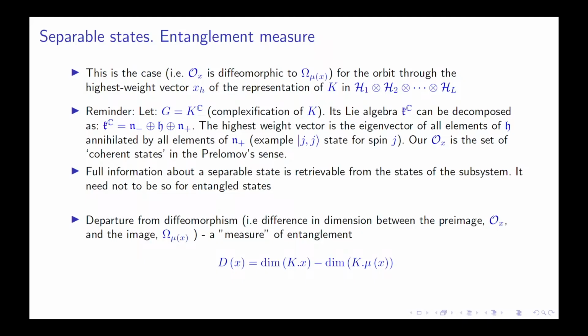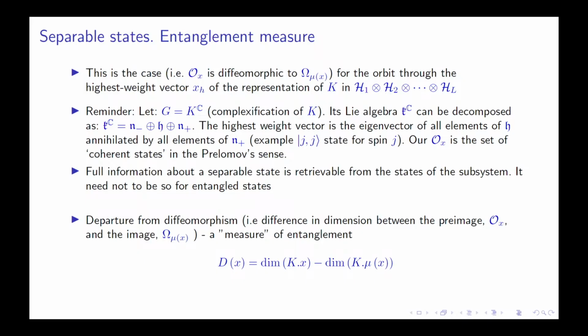And this is the case for separable states. Such separable states lie on this orbit of coherent states in this sense. So this was the highest weight representation. It's clear that for separable states you can really recover this. But in general, it is not so.